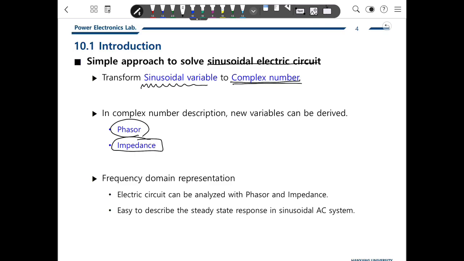So an electric circuit can be analyzed with phasor and impedance. Then it is very simple and easy to describe the steady state response of a sinusoidal AC system. So in this chapter, we will discuss what a phasor is and what an impedance is. Anyway.